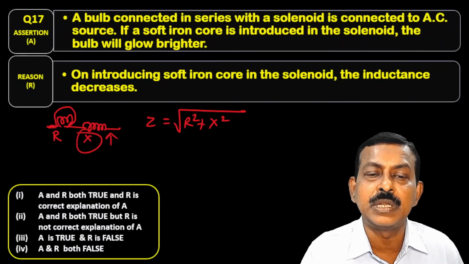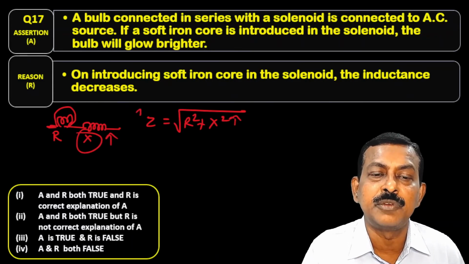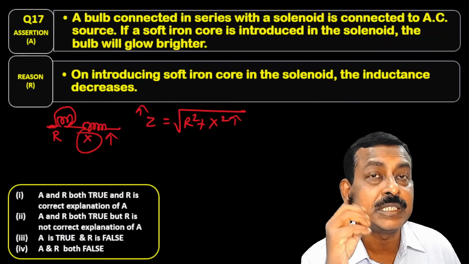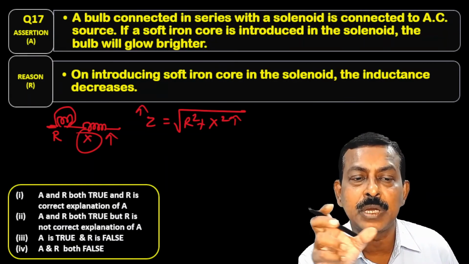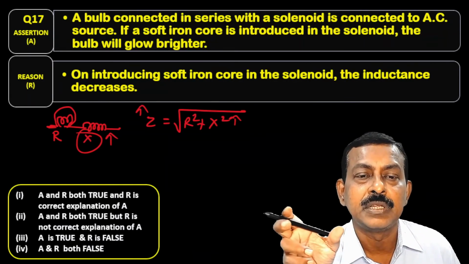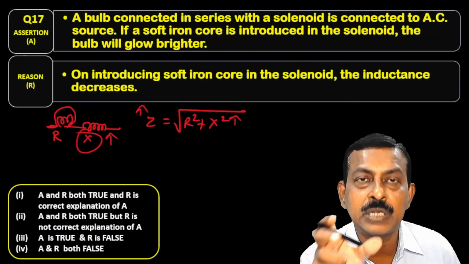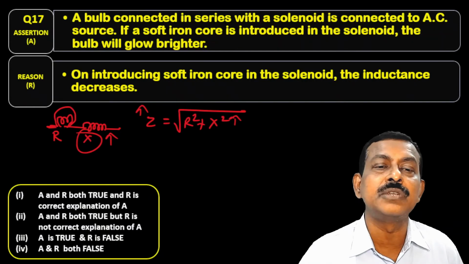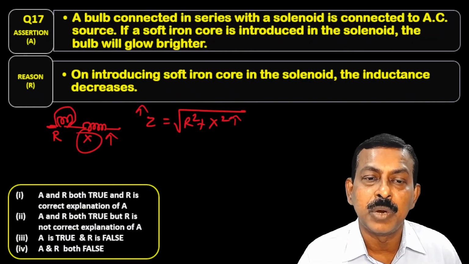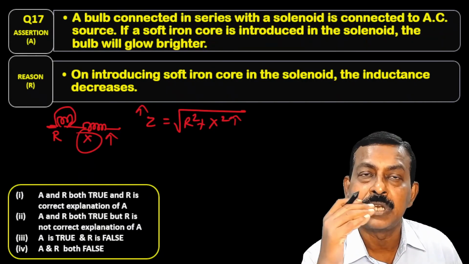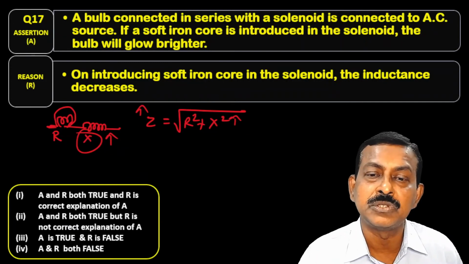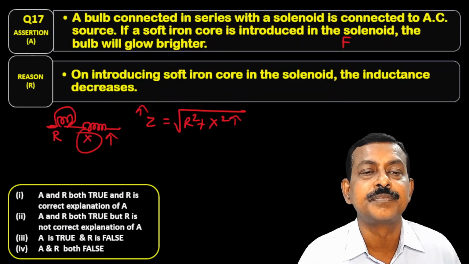So if X will increase, in that case Z will also increase. And if Z is increasing, and you have connected it to a source, what will happen? The current will decrease. And if the current is decreasing, the bulb will glow with less brightness. So this is false.